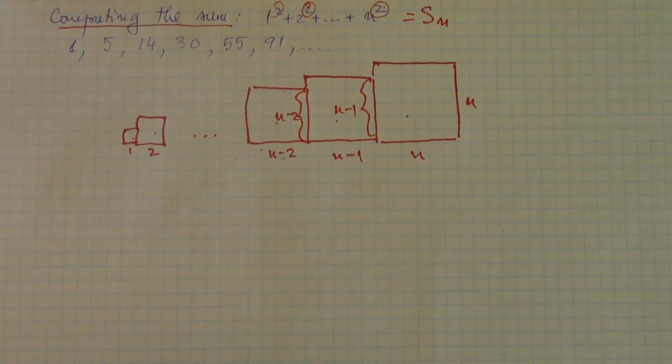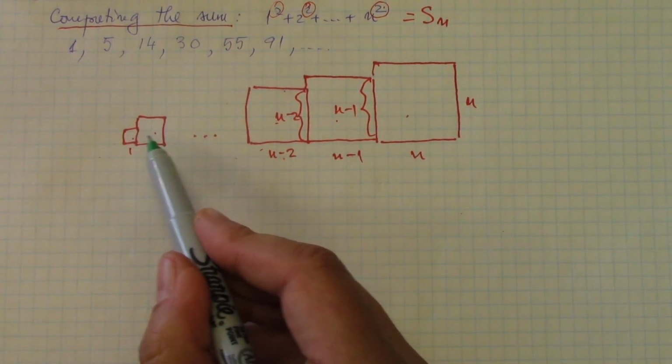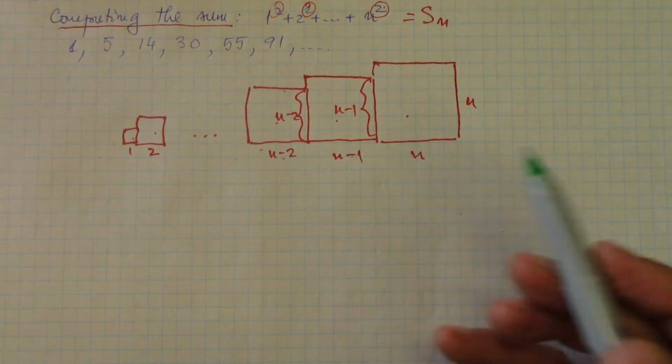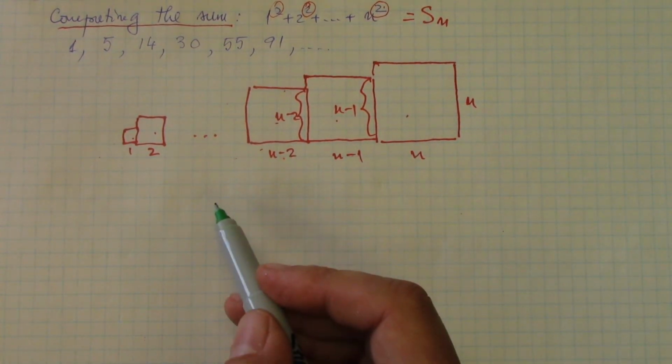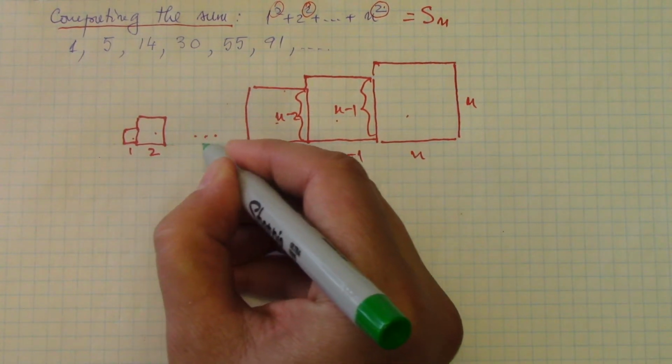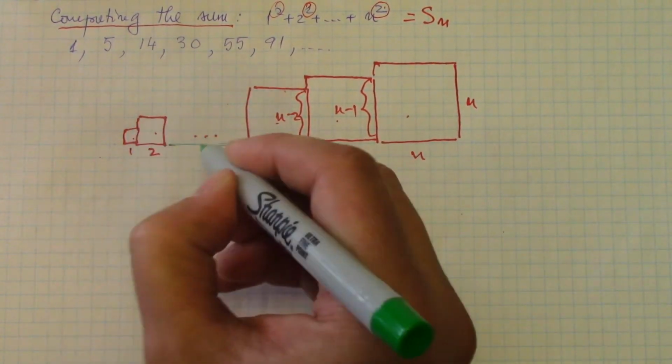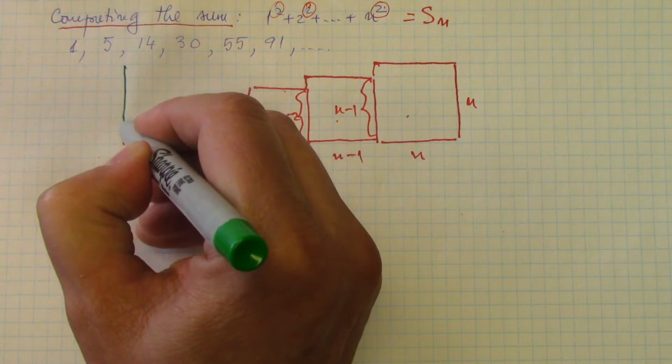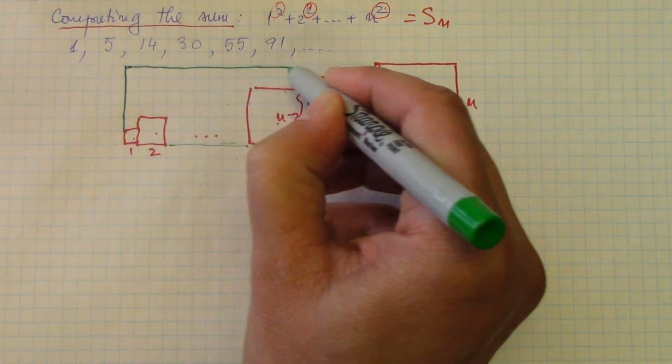Now, here's what I was thinking. This sum of areas is nice, at least we have some visual representation of it, but it kind of belongs inside a rectangle here.